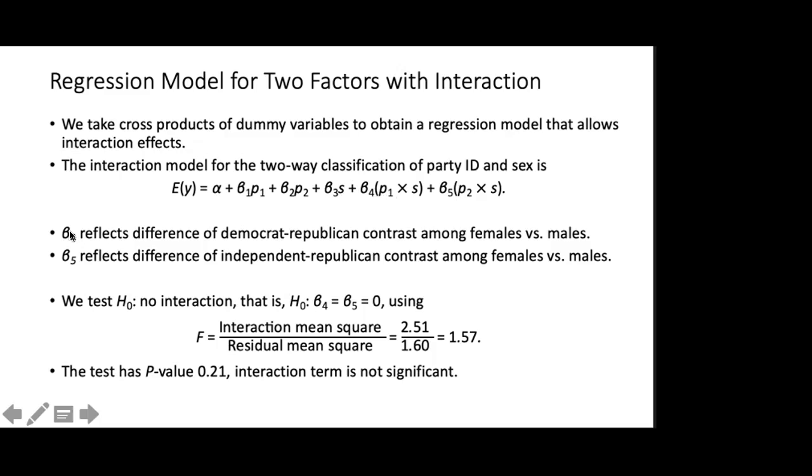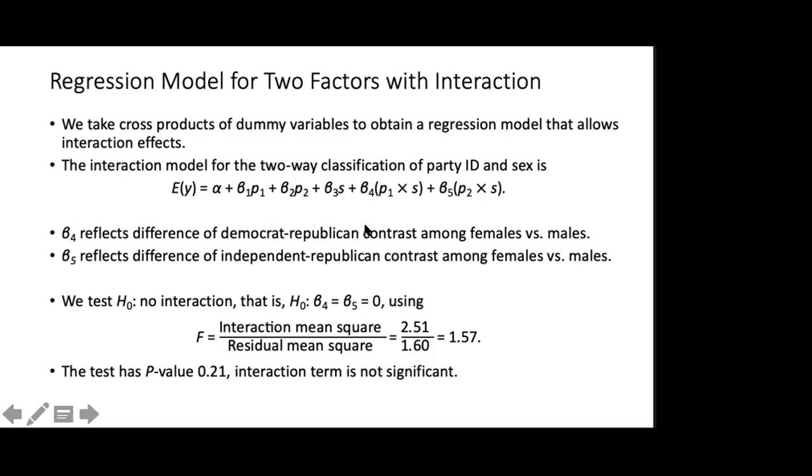They are new additional regression coefficients. And so beta 4, if it's the population regression coefficient, reflects the difference of Democratic versus Republican voters, people who identify as Democrat versus Republican, so the difference in their ideology among males versus females.